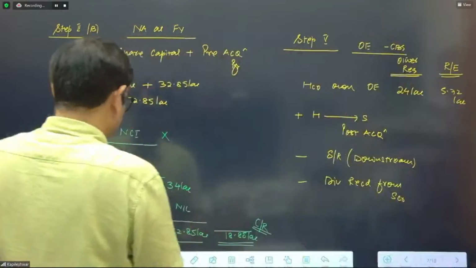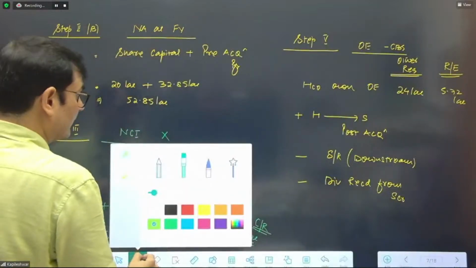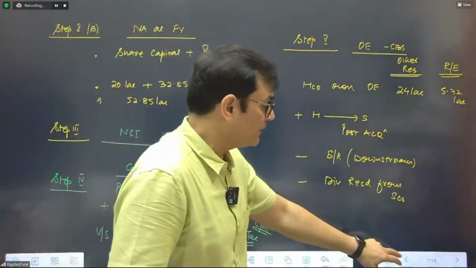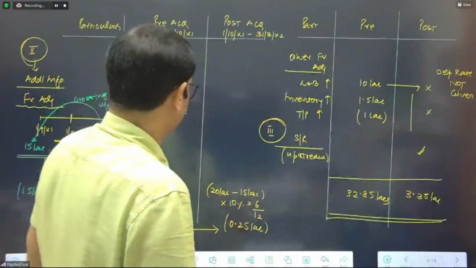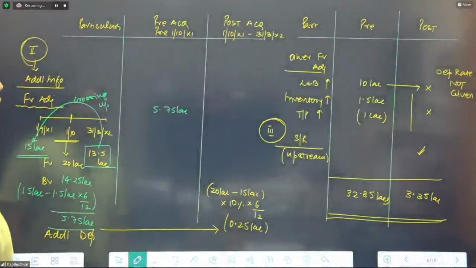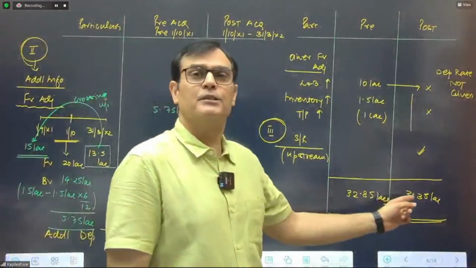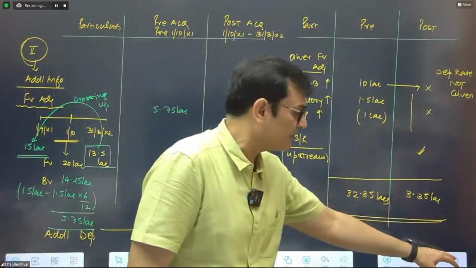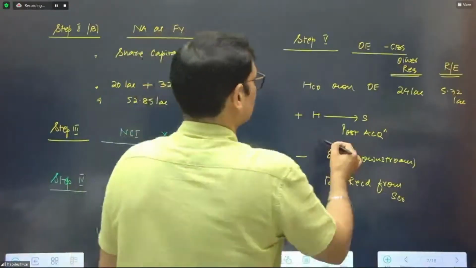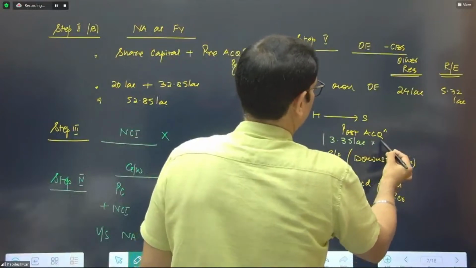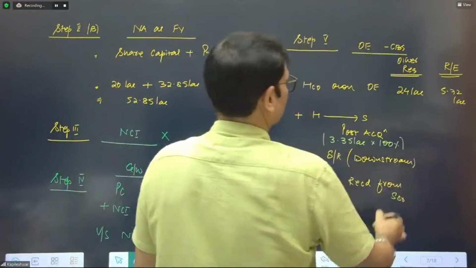Now let's consider what is the share in the post-acquisition earnings. Now, in terms of the post-acquisition earnings, you need to go back to the analysis of the equity. So we can see that in terms of post-acquisition profits, it is 3.35 lakhs. So we can consider 3.35 lakhs and 100% of this belongs to the parent.